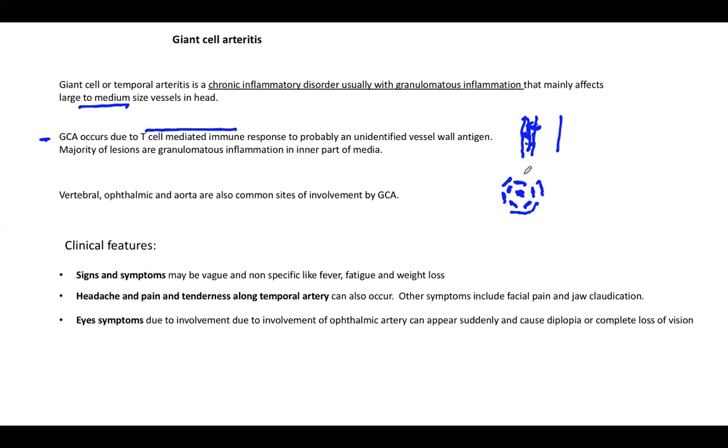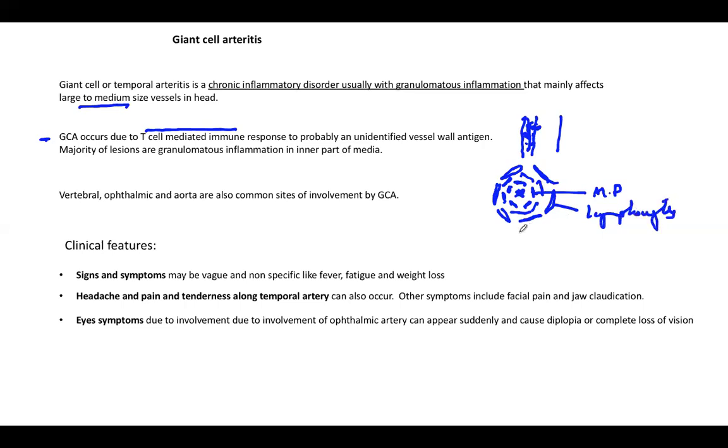There will be macrophages, and they cannot eradicate the antigen, so they form a granuloma. These inside are macrophages, and outside we get these lymphocytes. So this is a granuloma, this is granulomatous inflammation.